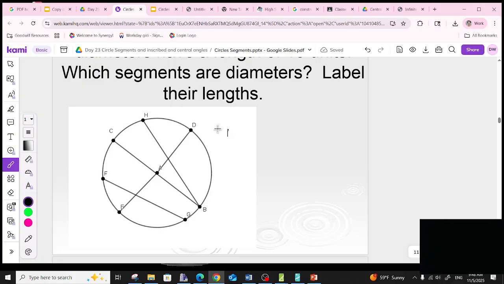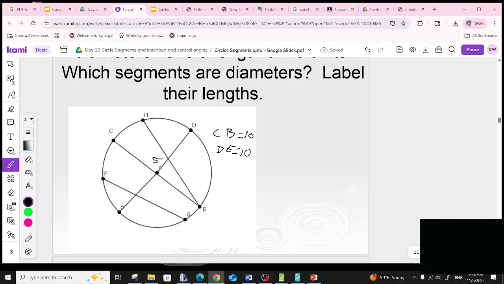CB and DE. And these would be 5 units, right? So CB is 5. No, it said 10 up above. Sorry. It's 10 because it said they were 10. 10 and 10.